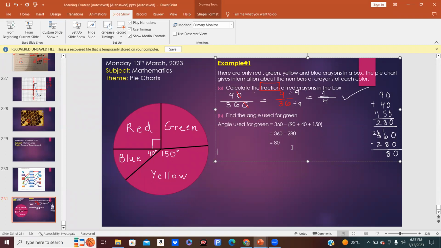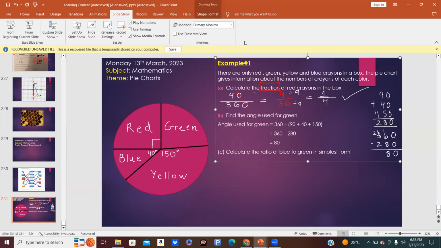Part C says: we want to calculate the ratio of blue to green in simplest form. So calculate the ratio of blue to green in simplest form.